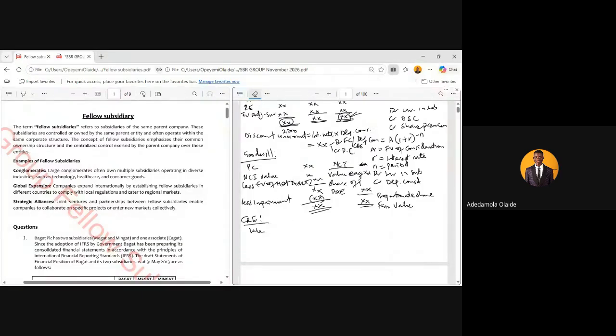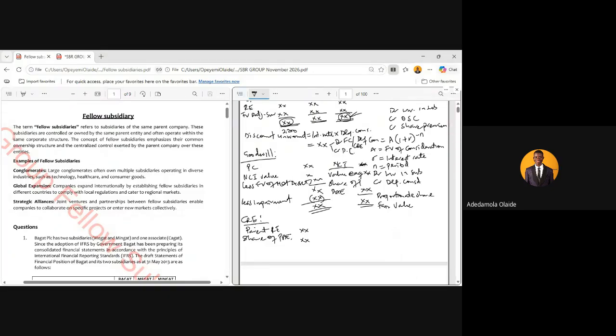We have the parent retained earnings, whatever the parent has as their own retained earnings, then we bring their share of post-acquisition earnings, that is, the one they shared from the subsidiary.